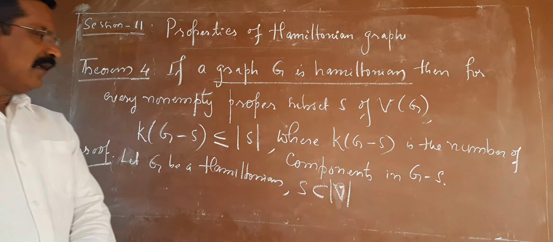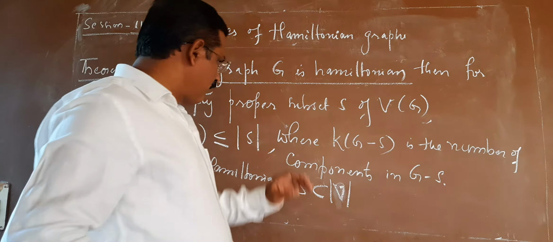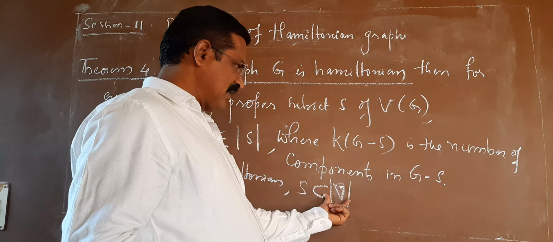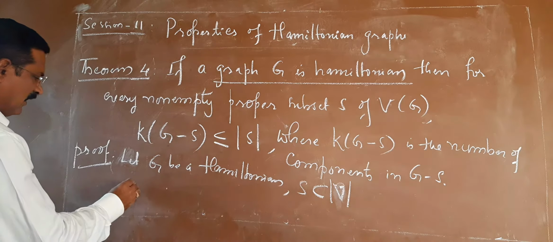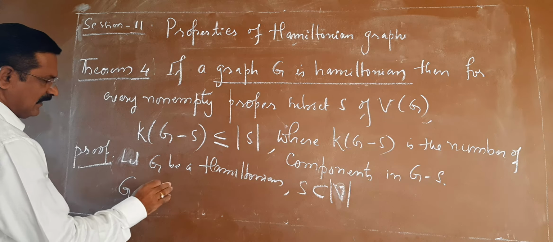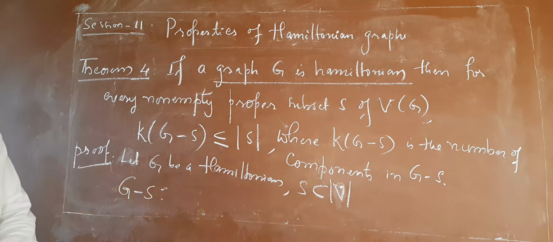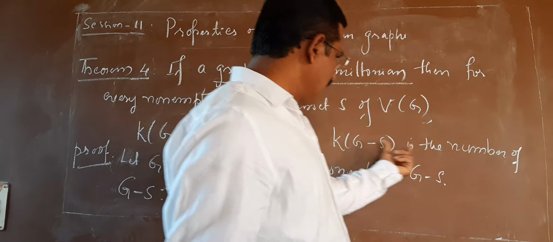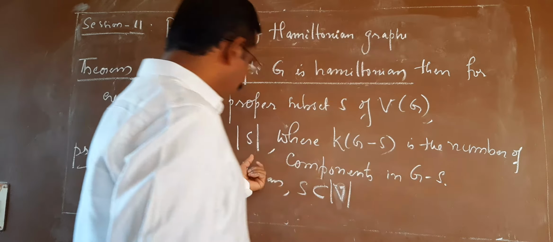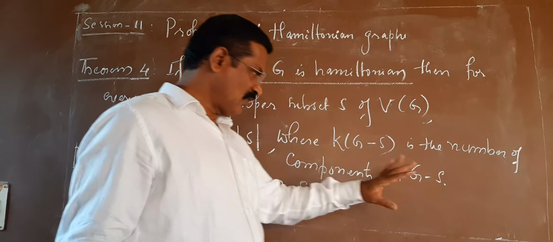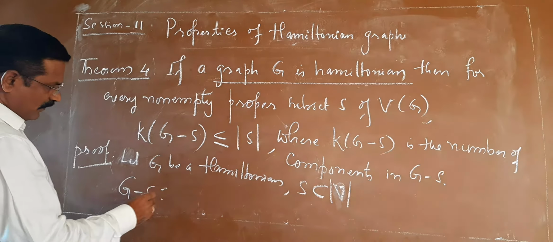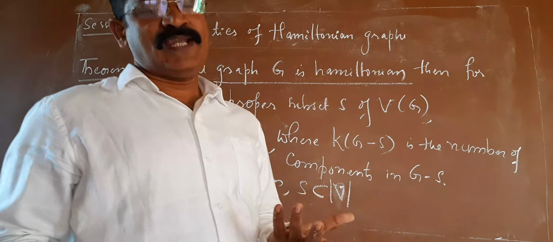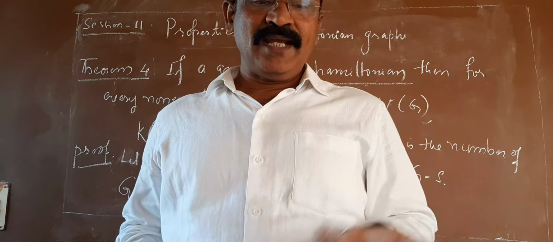If we delete the elements of S from the vertex set, we will get the graph G minus S. Say it has n components.